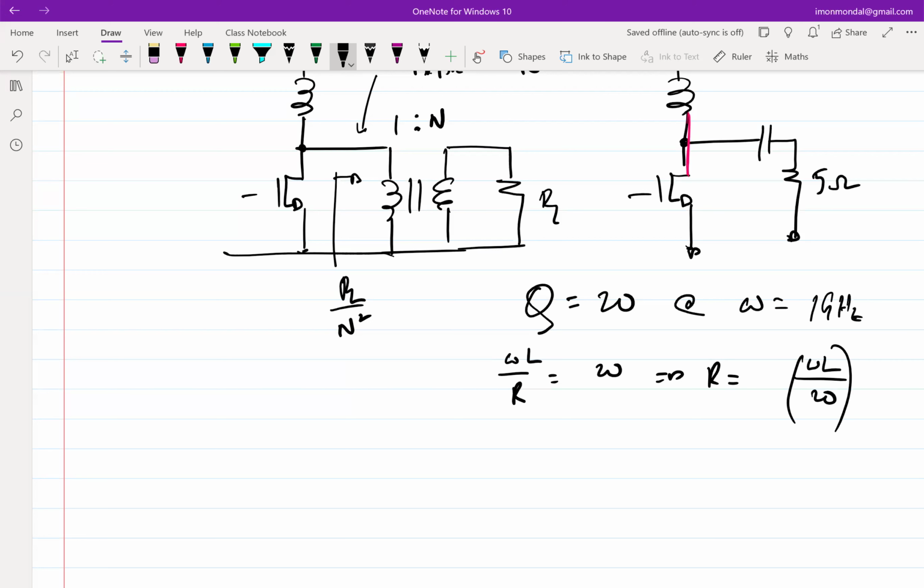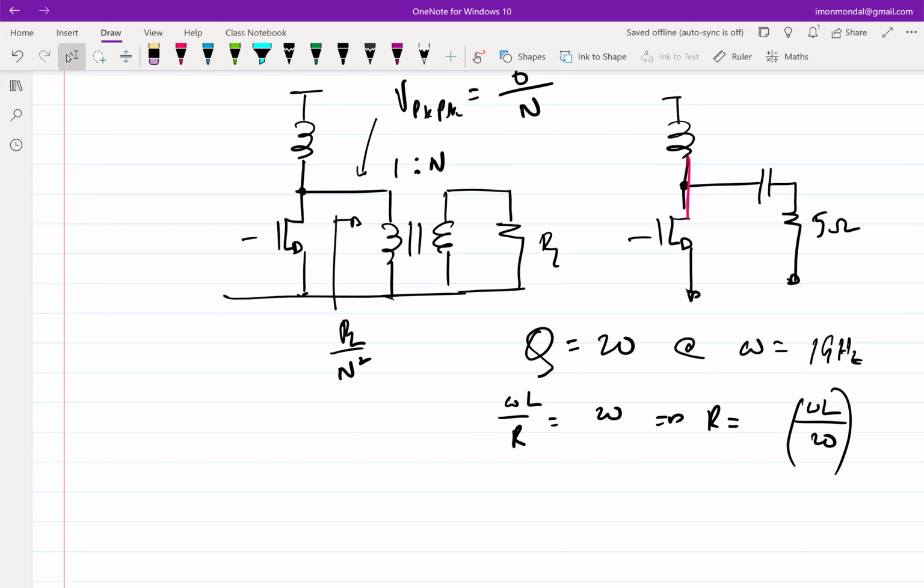I have not given you the value, but okay, fine. So based on experience, you can get R to be approximately of the order of a couple of ohms easily. So let's say 2 ohms of R due to the matching network, and 2 ohms of R due to routing of this inductor and the device and all, right? Again, it's very easy to get 2 ohms. It's not like you can really get less than 2 ohms. So this guy gives you 2 ohms, this guy gives you 2 ohms.